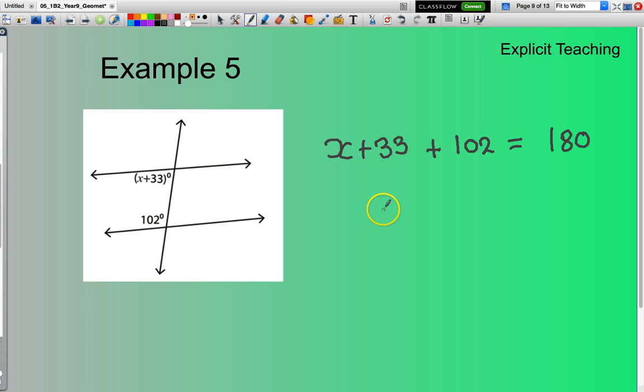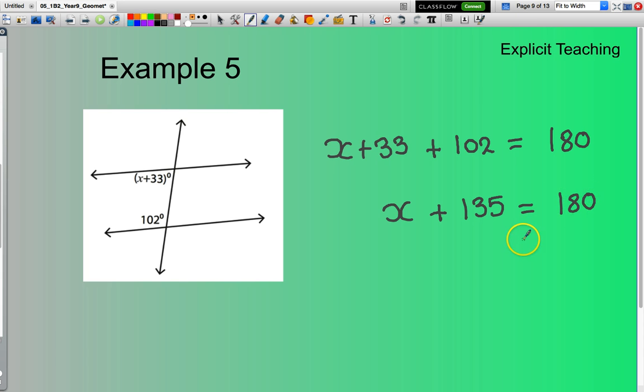So this becomes left hand side, x. Now, what is 33 degrees plus 102? That will become 135 equals 180.